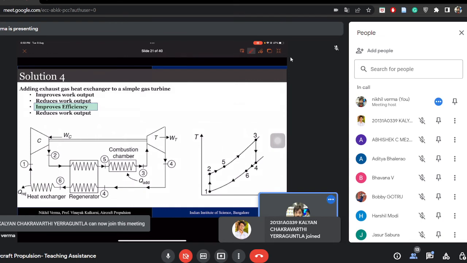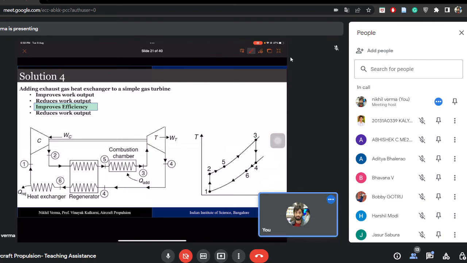As you can see, the exhaust gas temperature from the turbine is higher than the compressor exit temperature. So there is an availability that we can use this temperature difference to increase the temperature after the compressor.